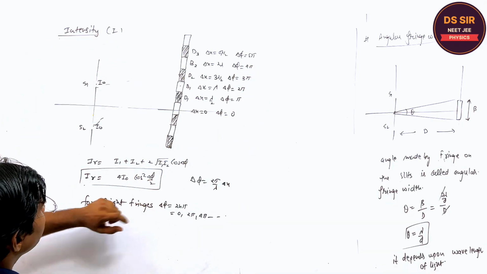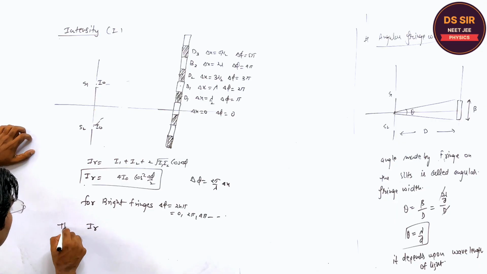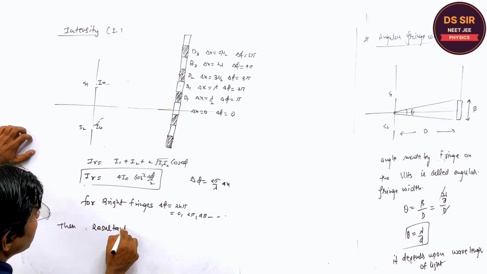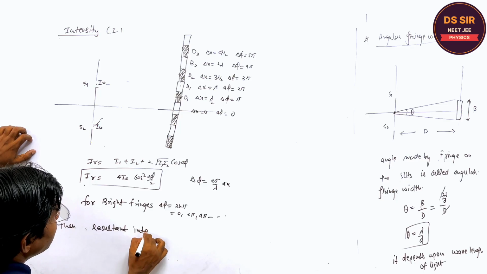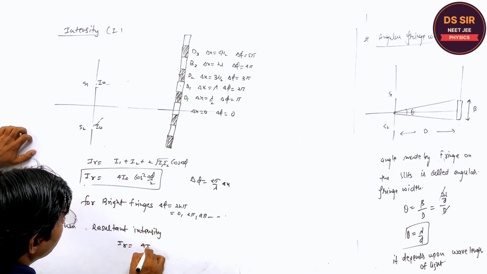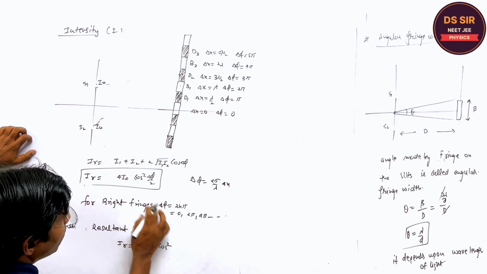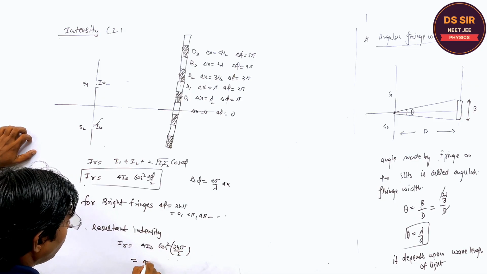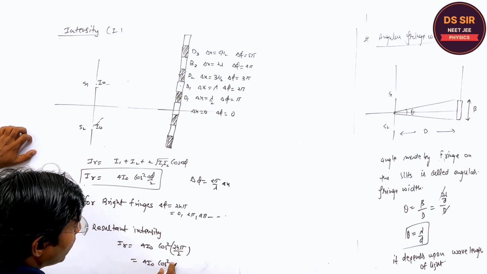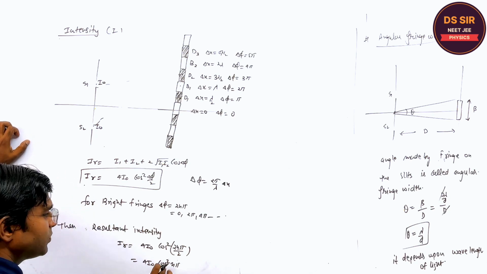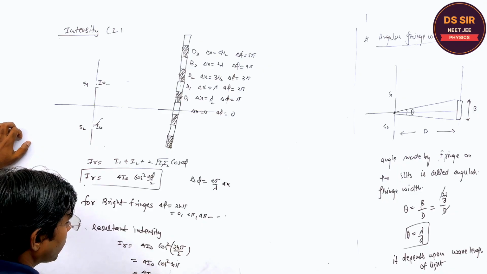So if delta phi is this, what is the resultant intensity? The resultant intensity IR will be equal to 4I naught cos square 2n pi by 2, which is 4I naught cos square n pi, and this is either plus 1 or minus 1, it is a square, so 4I naught.